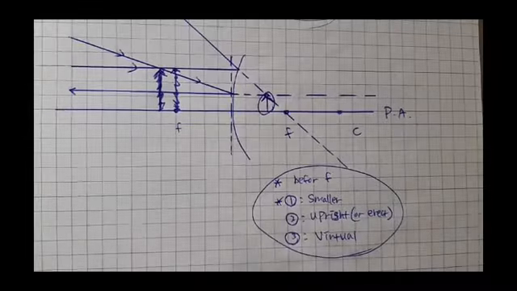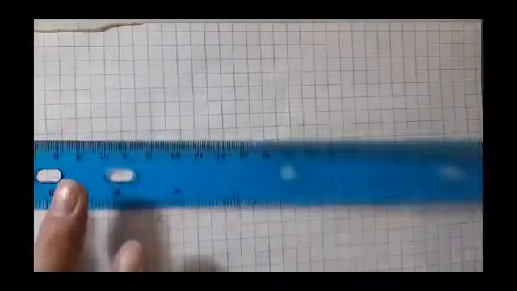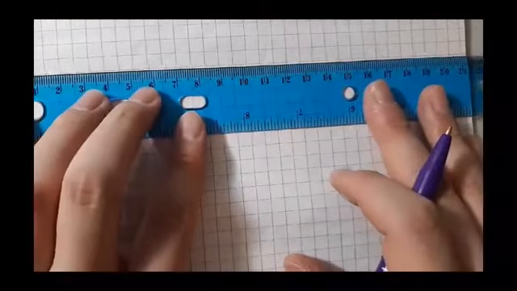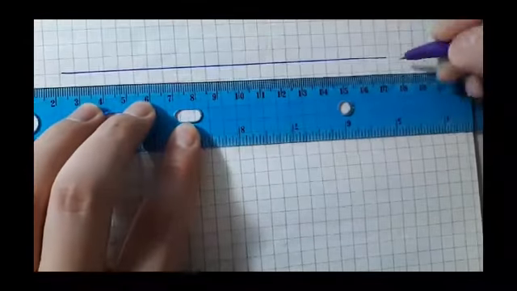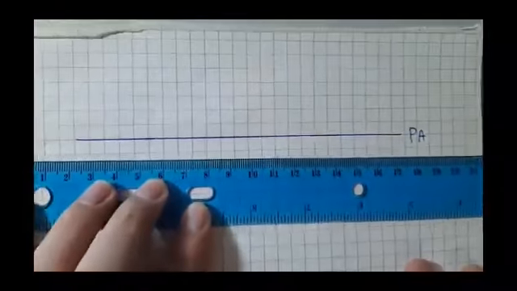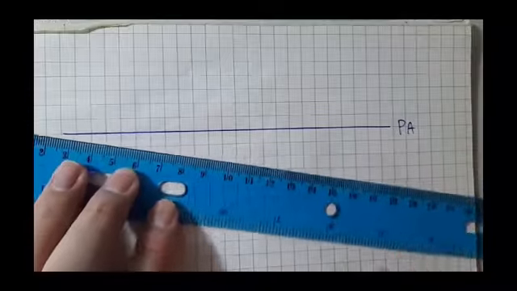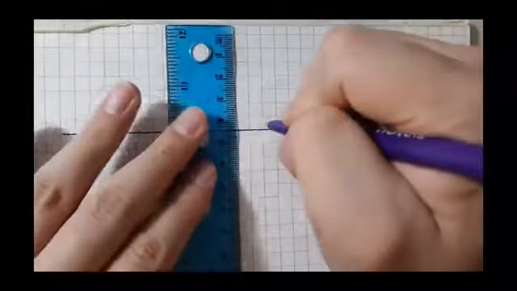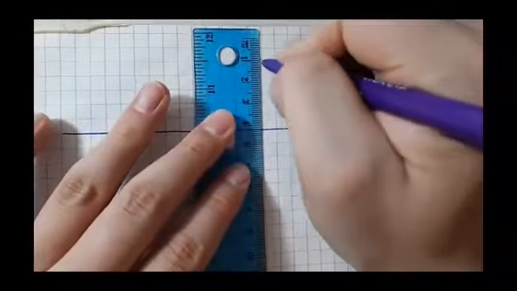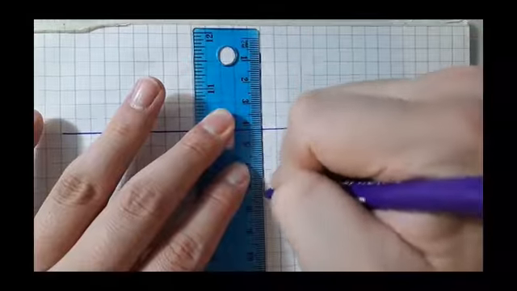Now let's do some lenses. Again, a similar situation, somewhere in the middle-ish. I'll draw the PA. Probably I'm going to move it down like this. And let's say somewhere in the middle, I draw a dotted line like this.